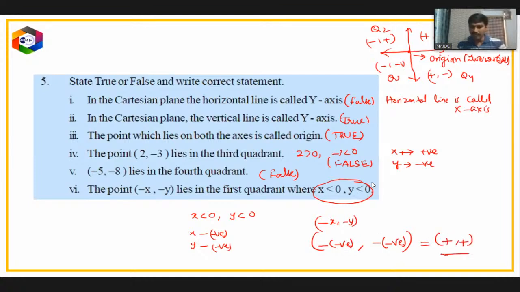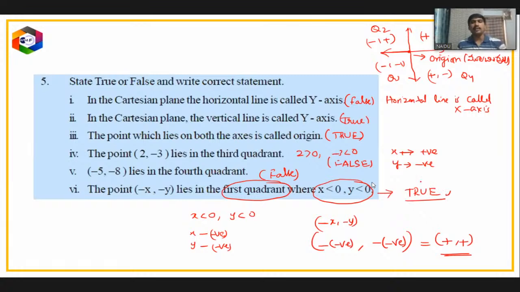So finally the point has x value positive, y value also positive. If x and y both are positive, then it lies in the first quadrant. In the question it is given as first quadrant. Therefore the statement will be true.